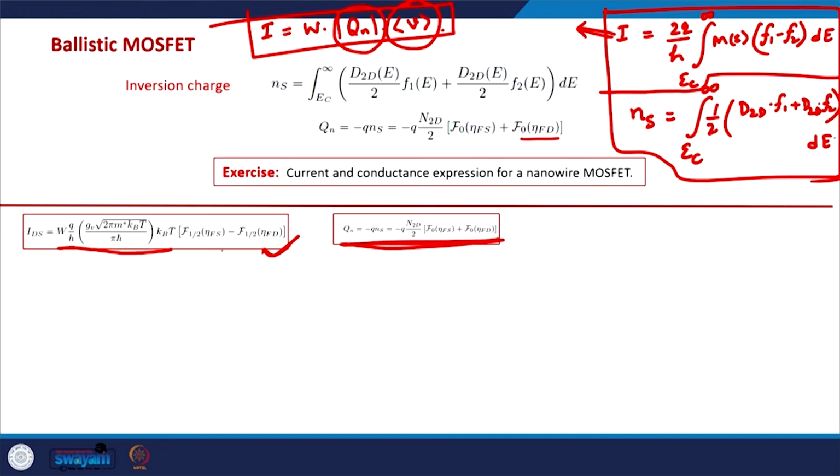Now if we try to reformulate this in this form, the charge is essentially Qn equals minus Q times N2d by 2 times F0(eta Fs) plus F0(eta Fd), and this is the expression for the current that we obtained from the Landauer model.